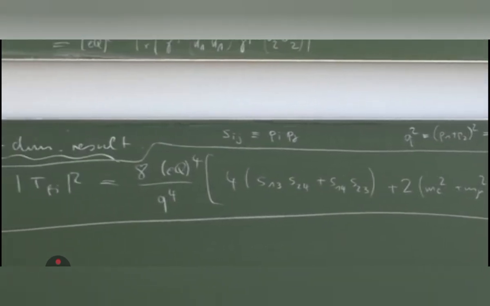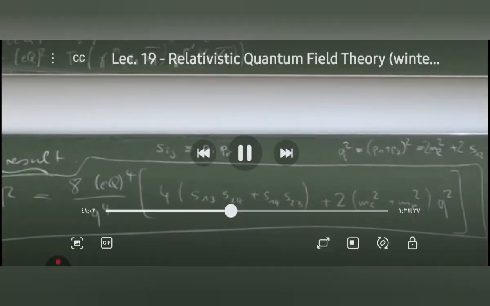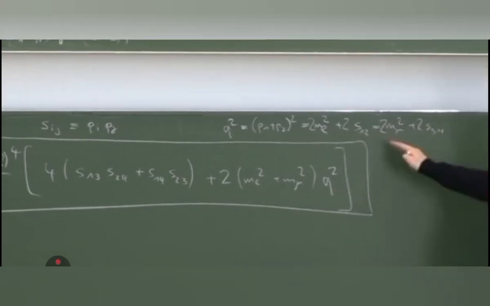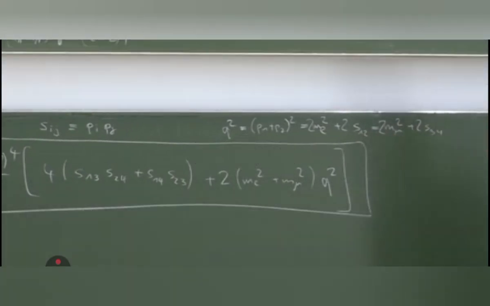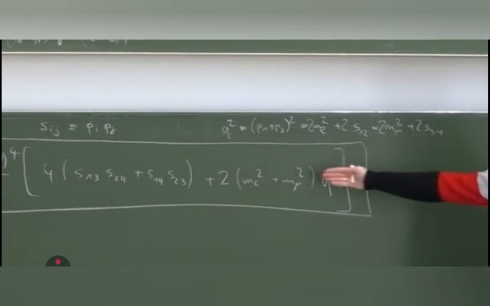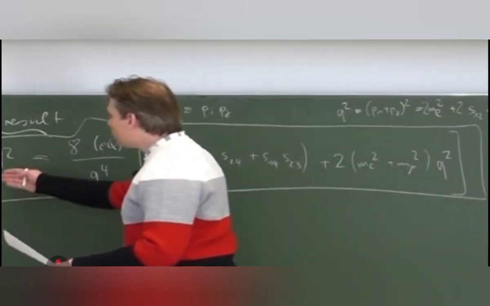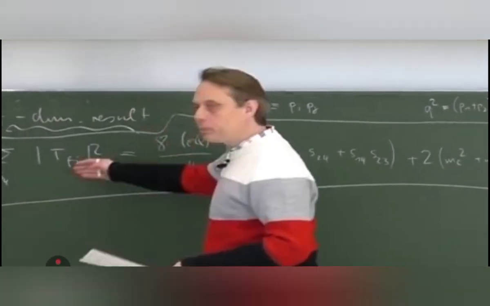So you can replace Q square in 2 ways. And in order to see that Q square arising, you need to use both relationships for Q, because from that expression you will see on the one hand such a term arising which becomes Q square. You will also see such a term arising which also becomes Q square, and then you can collect all the Q square terms in that way. So that is the result for the spin summed total probability of the process.